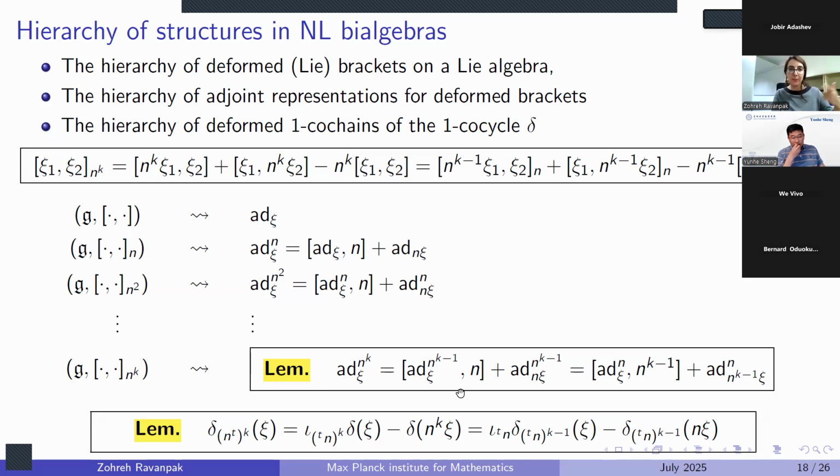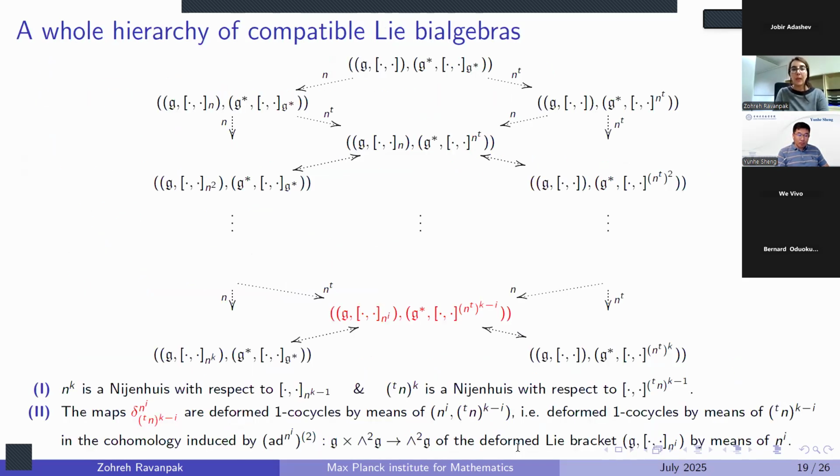Also a hierarchy of cochains, because the one-cocycle condition needs to be checked at each step. Having this, we look for a whole hierarchy of compatible Lie bialgebras, which you can see in this picture.